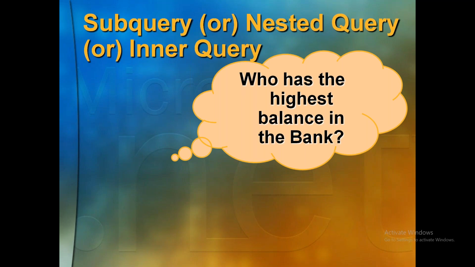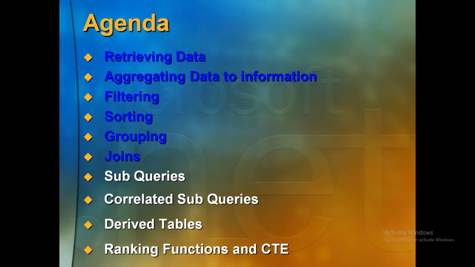So subquery is one more concept that you have to know. Tomorrow, we see one more kind of subquery. Subqueries are of two types. One is the normal subquery. The second is called a correlated subquery. These are subqueries only. One is the normal subquery, whatever we discussed.